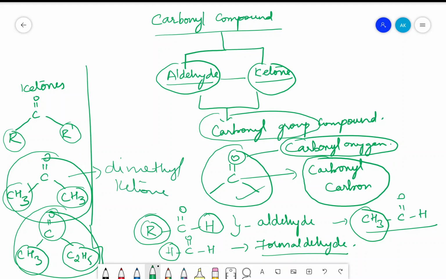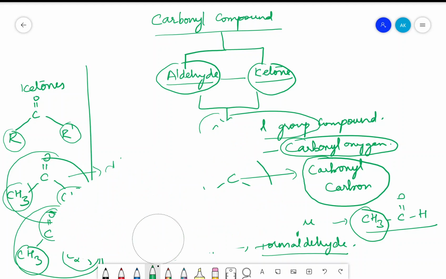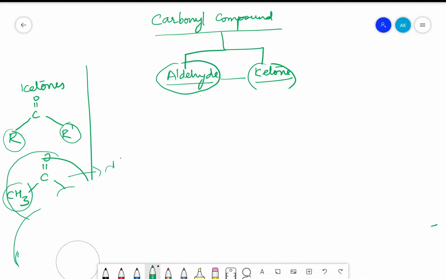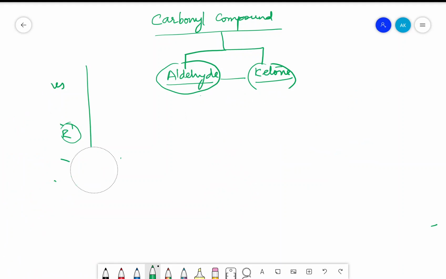So this is the basic introduction for carbonyl compounds. Carbonyl compounds are an important functional group. The next aspect we are going to study here is a very important aspect of the carbonyl group. Carbonyl group, as you know now, is C double bond O group and two bonds, irrespective of aldehyde and ketone.